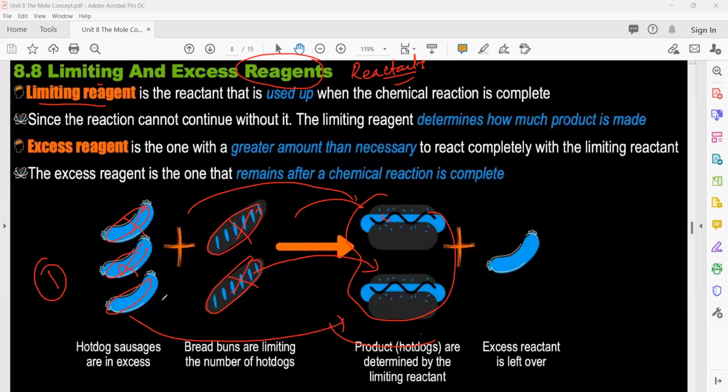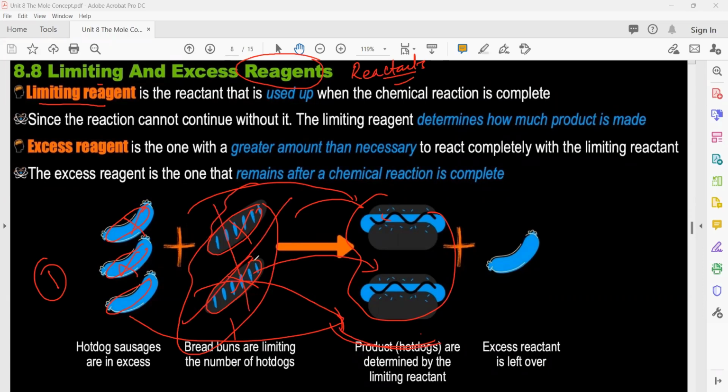No. Why? Because we don't have enough bread. So which thing stopped you from making the sandwich? The bread. Anything which is finished early in the reaction, so that you cannot make the reaction further, is known as the limiting reagent.